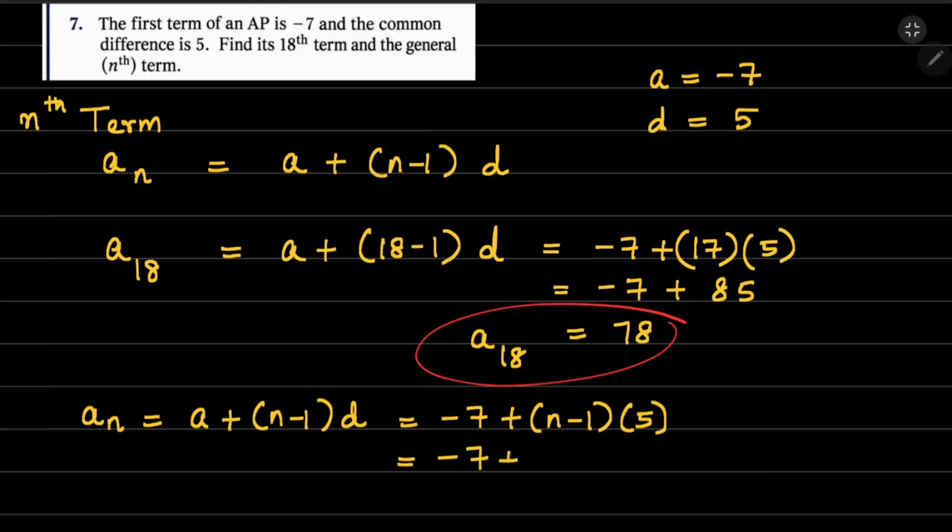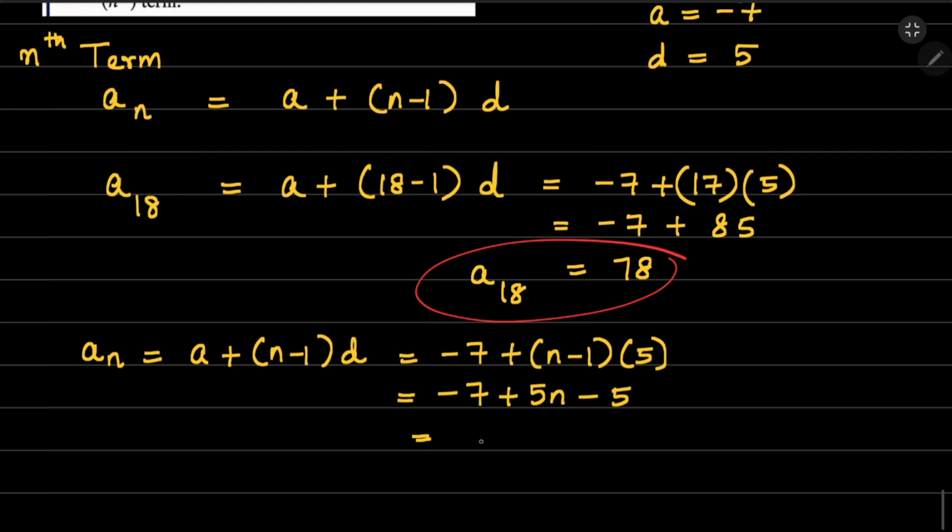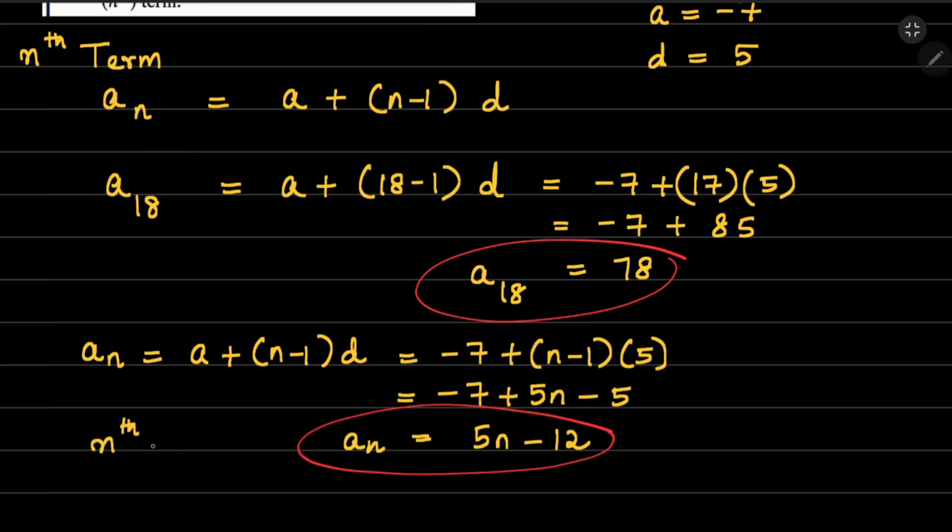So minus 7 plus 5n minus 5. So this is nothing but 5n minus 12. This is the nth term formula for this given AP. And that's your answer.